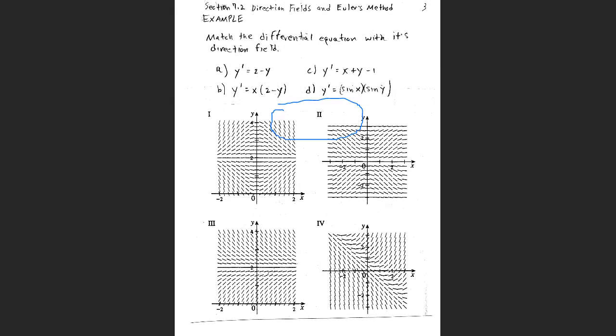Along the line y equals 2, the slopes are flat. So we were down to choices 1 and 3. But for choice B, slopes are flat when y equals 2, and what else? When else are slopes flat for choice B?